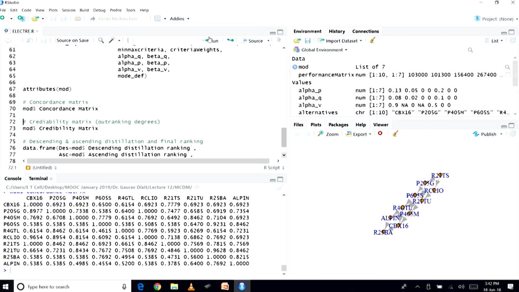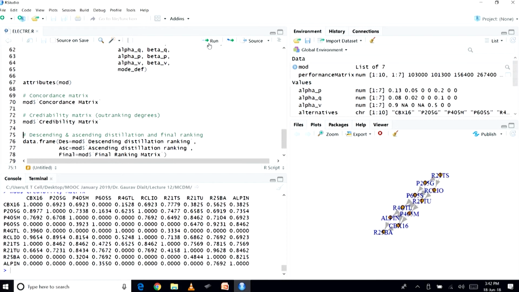For each pair of alternatives you can see the values here. Then let us see the output for the credibility matrix. Now the outranking degrees have been incorporated in creating this credibility matrix. Let us run this. This is the matrix that we get, the outranking matrix or credibility matrix.